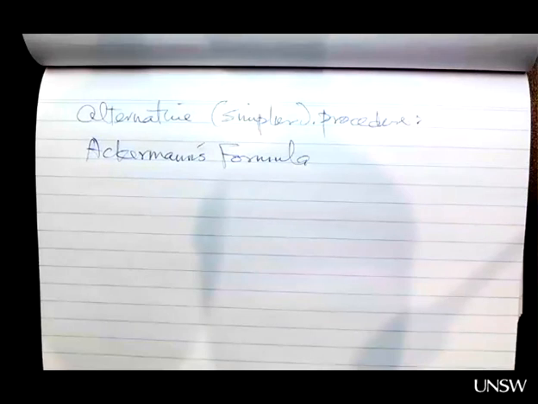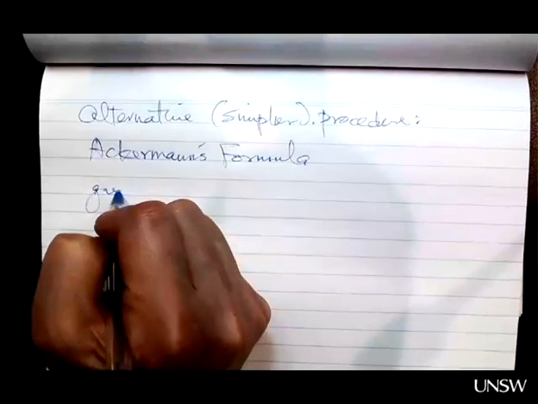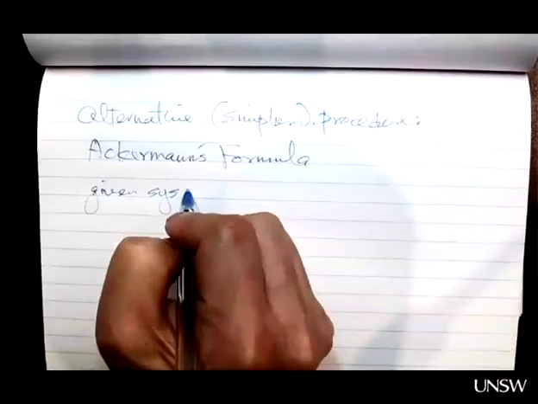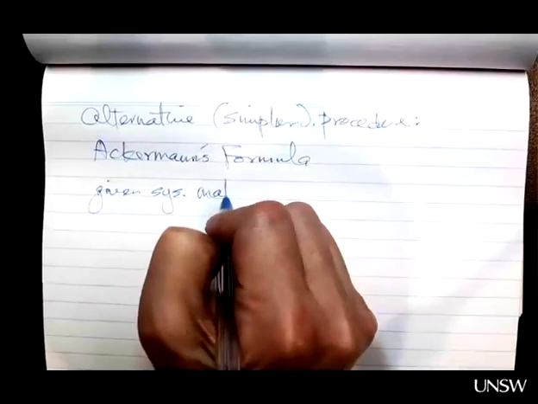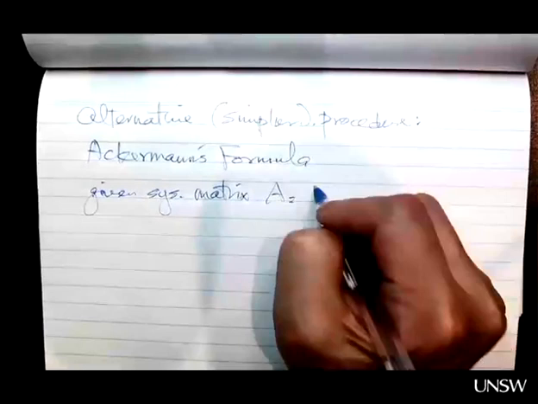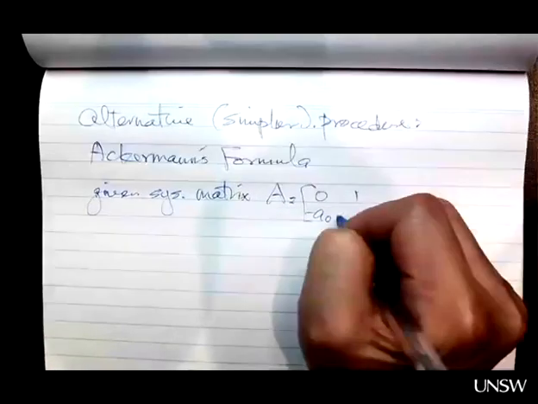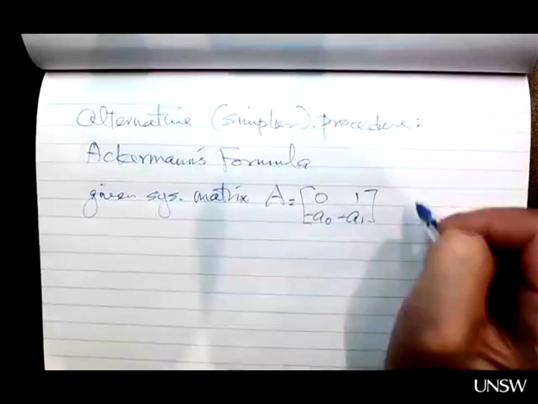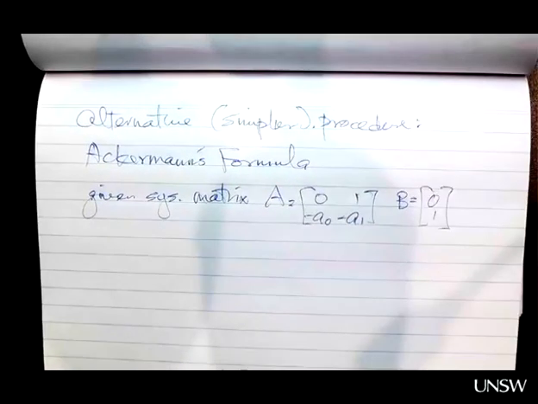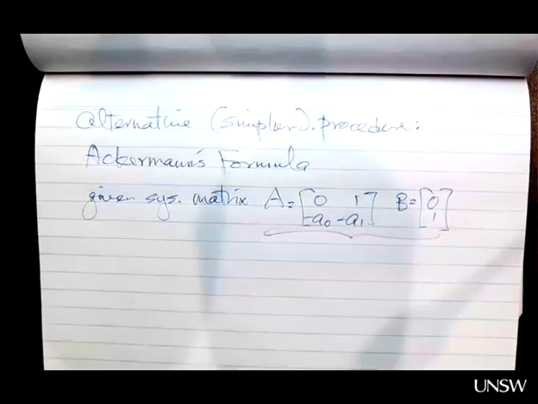It especially requires, given a system matrix, that A must be in some particular form, and then the B matrix must be in this form.